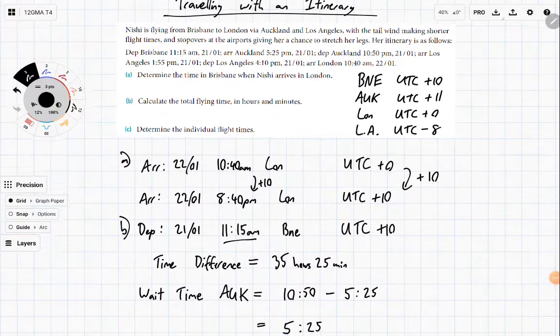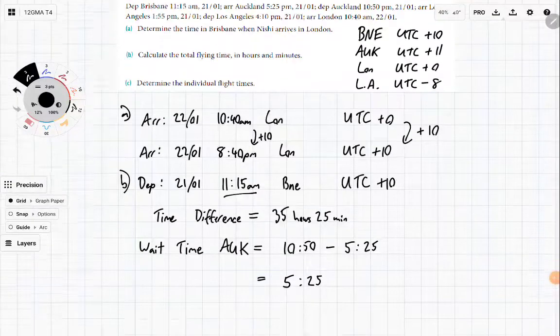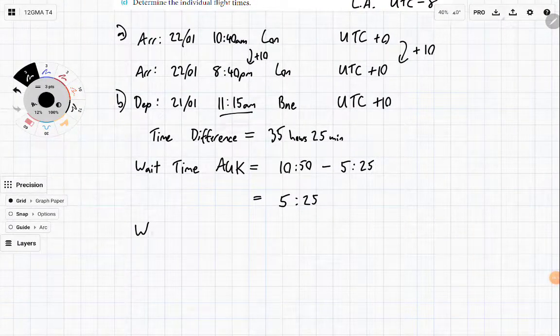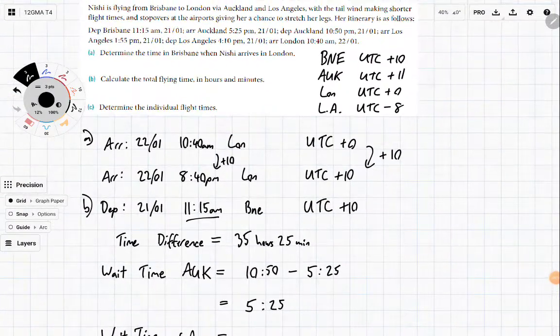Alrighty, let's do the next one. She then also has wait time in Los Angeles. So let's work out that. So for Los Angeles, well, she gets off at 1:55, and she leaves at 4:10.